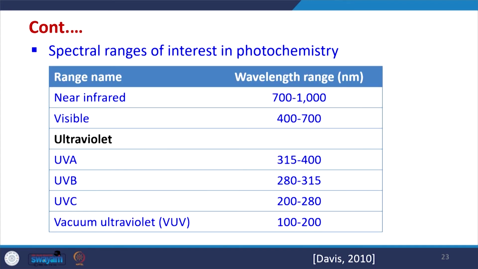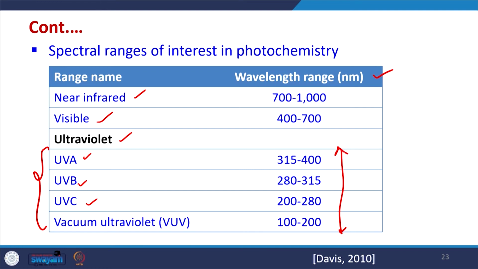Now, the spectral range of interest used in photochemistry includes near infrared, visible and ultraviolet. Within ultraviolet we have UVA, UVB, UVC, then vacuum ultraviolet. These are the wavelengths in which we can use ultraviolet.